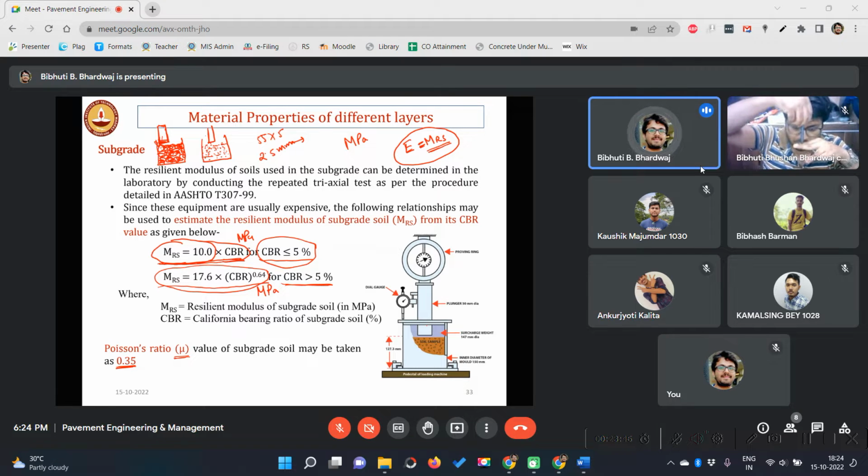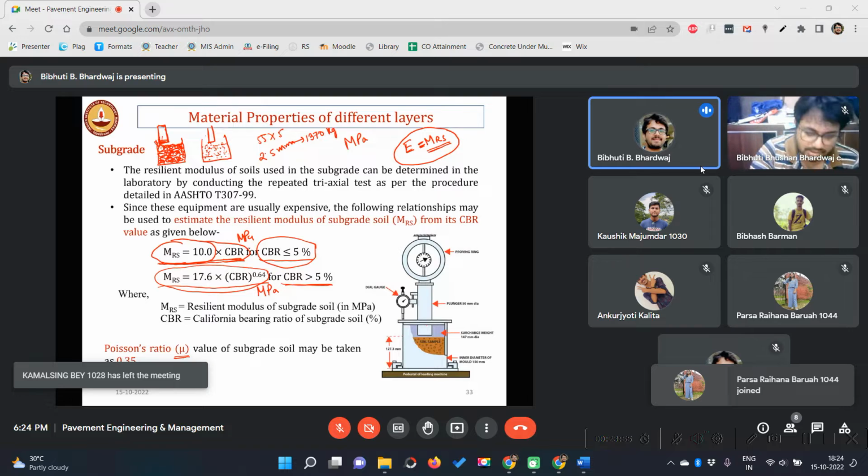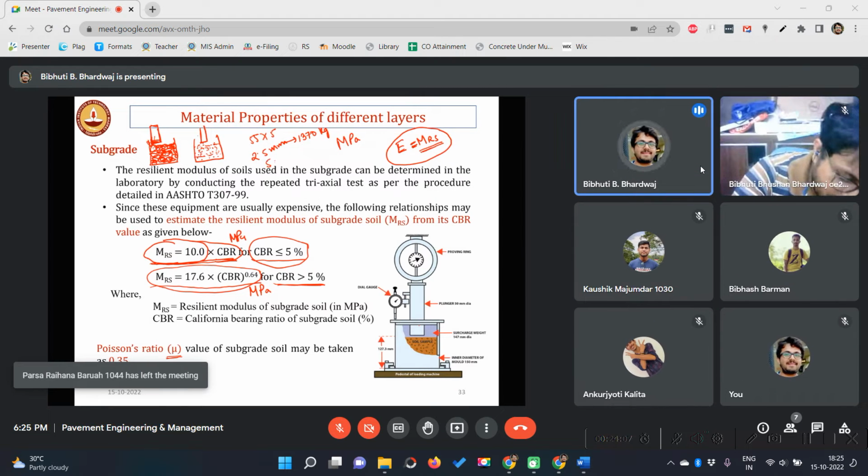So in order to penetrate 2.5 mm, what is the force required? The force required, as reported by those engineers in California, is 1370 kg. And for 5 mm penetration, it is 2055 kg.